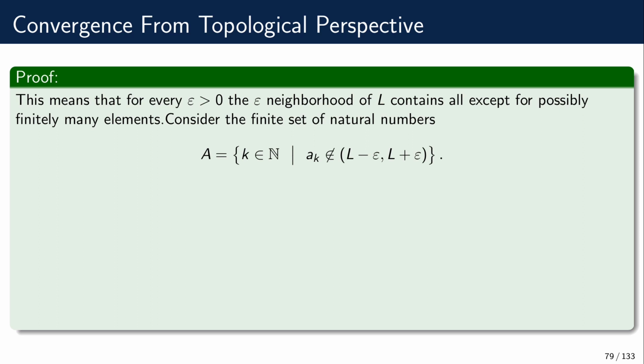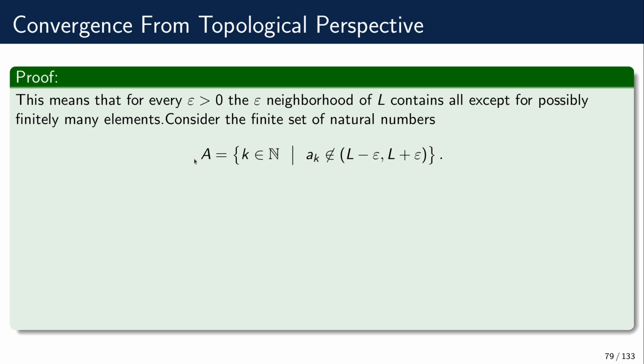So now let us define this set A, which will be the set of all the natural indices k such that ak lies outside of this interval. Now, since an converges according to this definition, this set is finite. And as a result, every finite set has a maximal element.